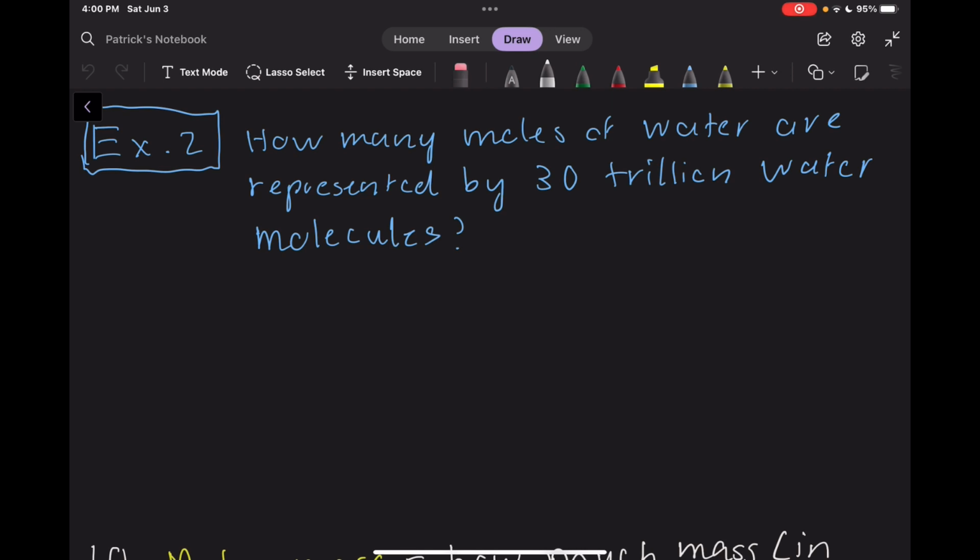Remember, 1 mole of any substance contains 6.022 e to the 23rd elementary particles. So all we have to do here is divide 30 trillion by Avogadro's number, 6.022 e to the 23rd.